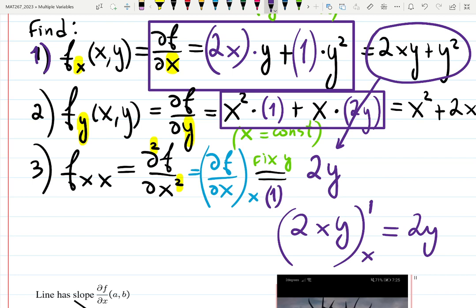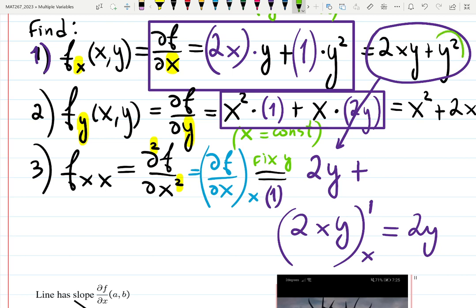Try to concentrate. It's actually super fun if you concentrate right now. 2y. Very interesting question. What is the derivative of y squared if we're differentiating with respect to x? 0. Did you get it? It's like e to the x, but we're differentiating with respect to t or y. It's 0.